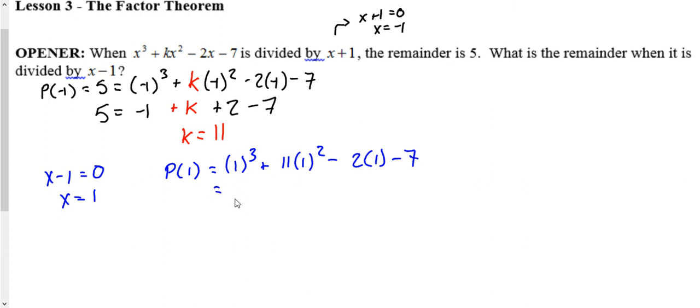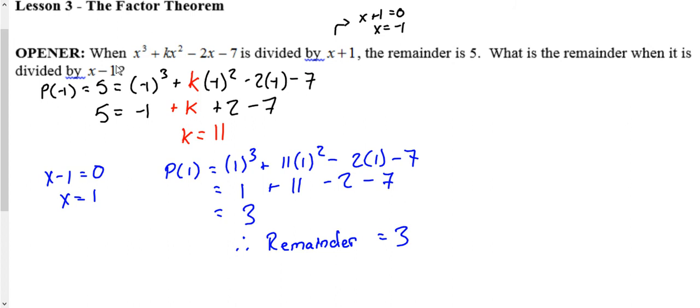And to clean this up, what do we get? We have 1, 11, minus 2, and minus 7. Adding all that up, we're down to just 3. So therefore, we have a remainder of 3. So remainder equals 3 when you add a divisor of x minus 1.